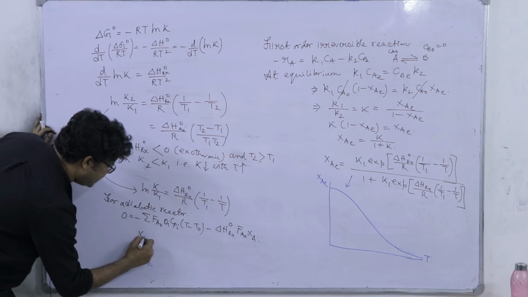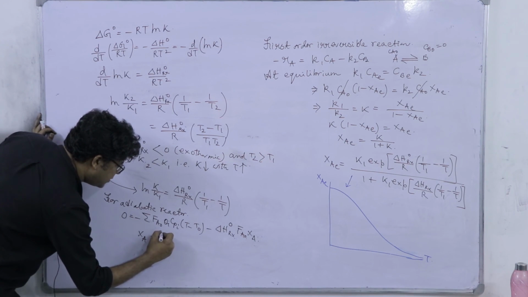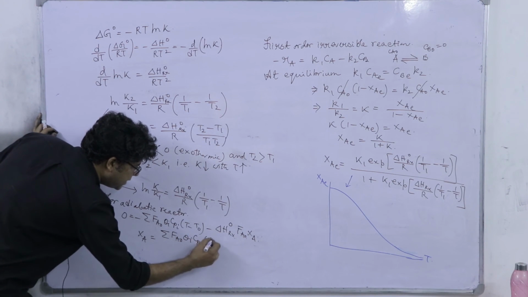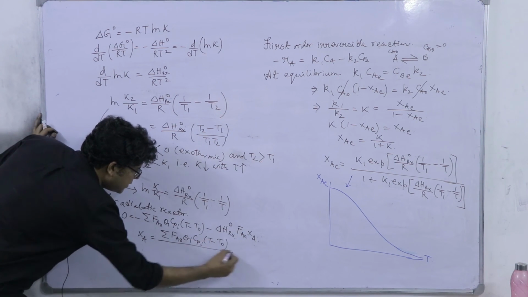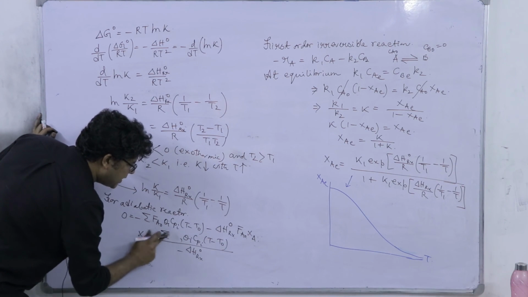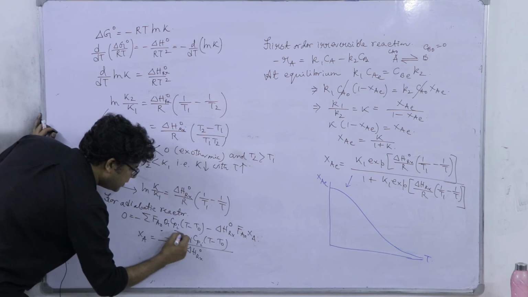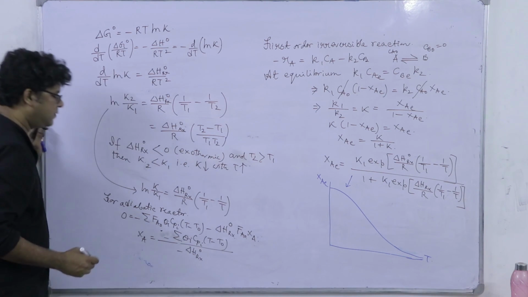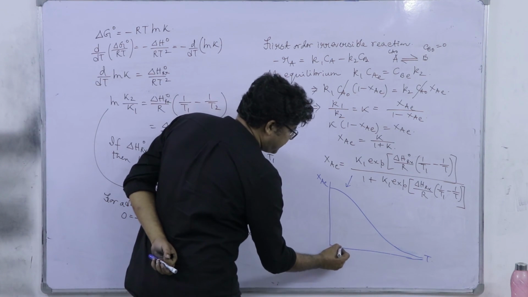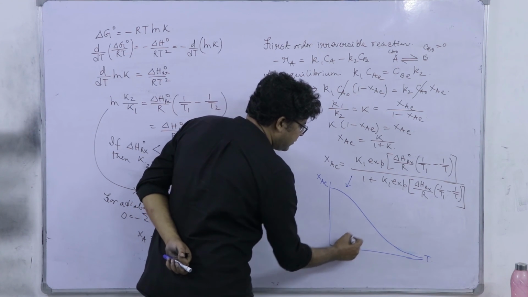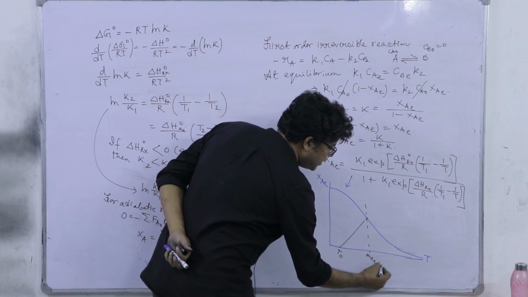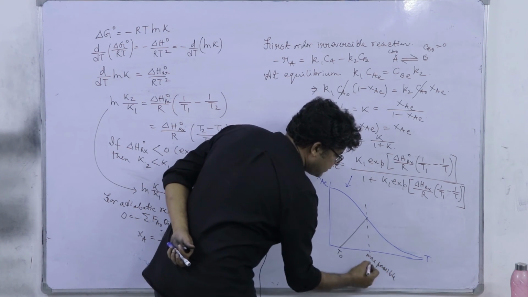So this Xa is equal to summation Fa naught theta I Cpi (T minus T naught) divided by minus of delta H Rx naught, and Fa naught will cancel out actually. So it will be summation theta I Cpi into this. What it means is that if I start from T naught and my temperature will increase, this is the maximum possible conversion we can achieve.